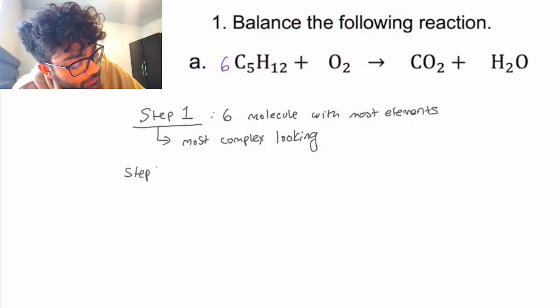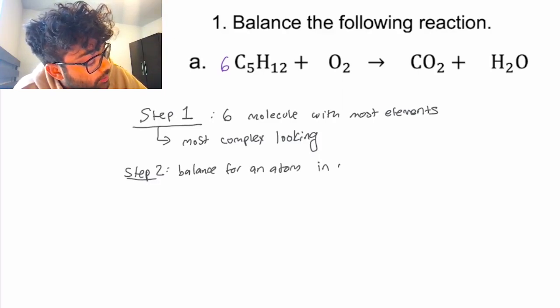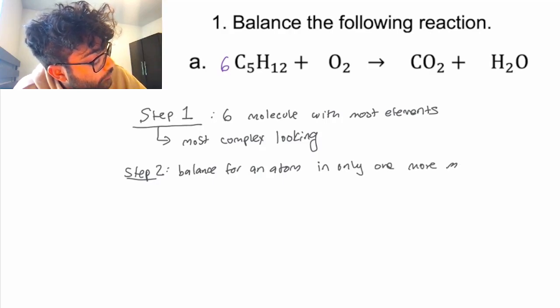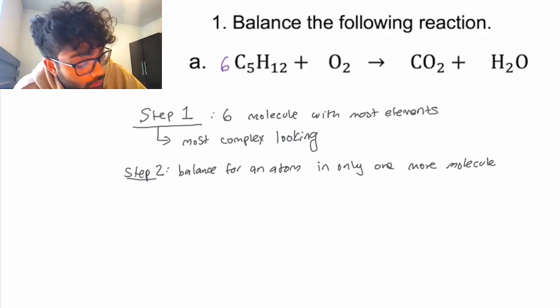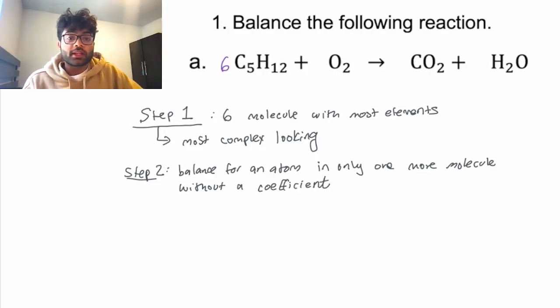So step 2 is to balance for an atom that appears in only one more molecule without a coefficient. So let's do that for this, and that will make step 2 much more clear.